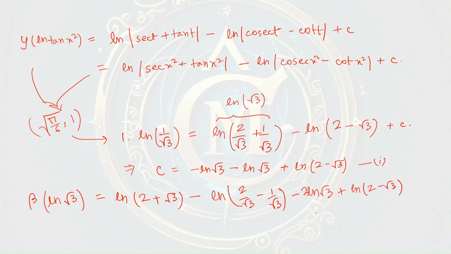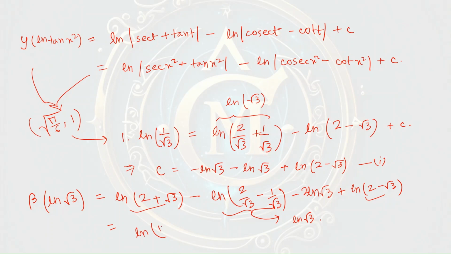So from here we get that this simplifies to log of 1 by root 3, so with a negative sign we get log of root 3. That means if we club these two, this becomes log of 2 plus root 3 times 2 minus root 3.